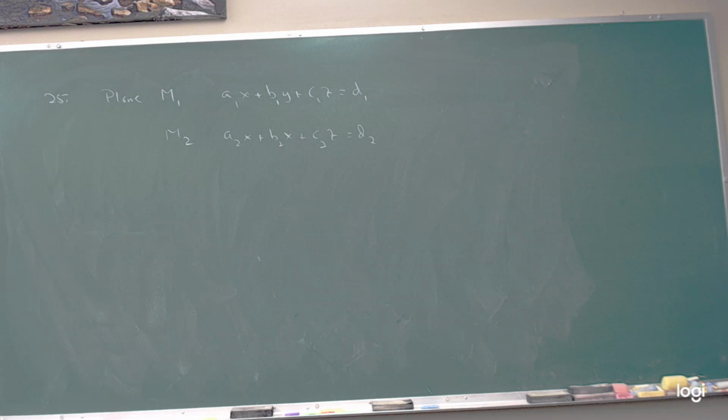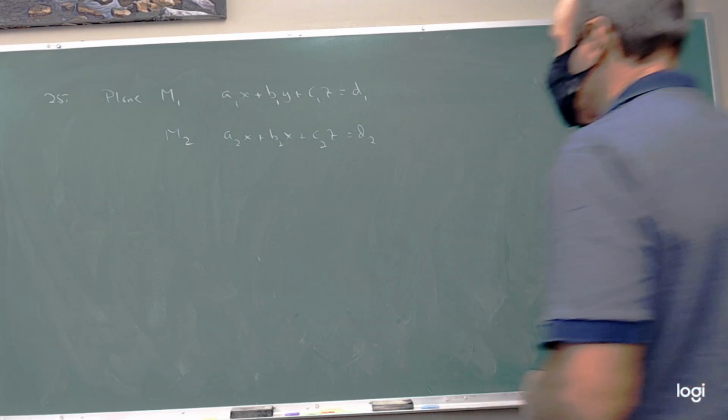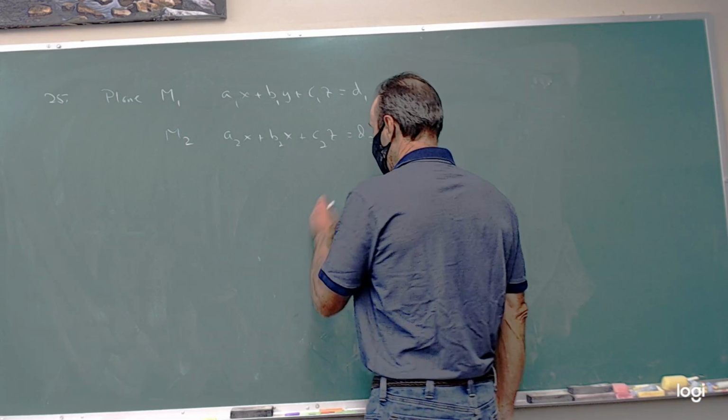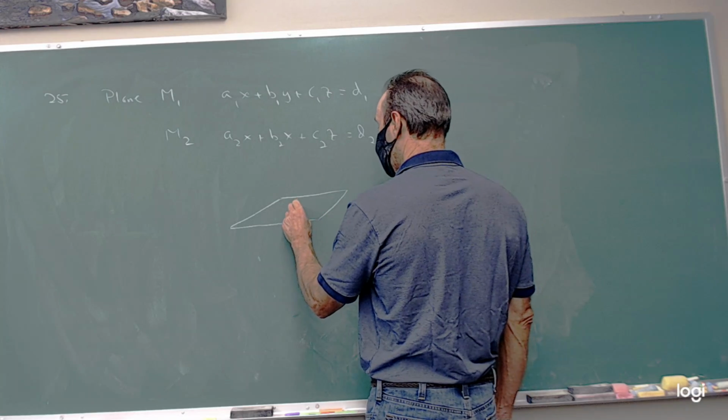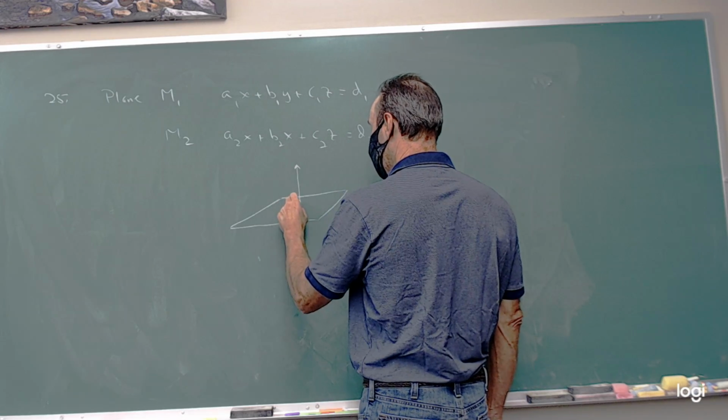So we want the angle between the normal vectors compared to the angle between the planes. Is that right? The relationship between those? Good luck with me drawing this. So we have one plane over here, say M1, and it's got its normal vector to that plane.